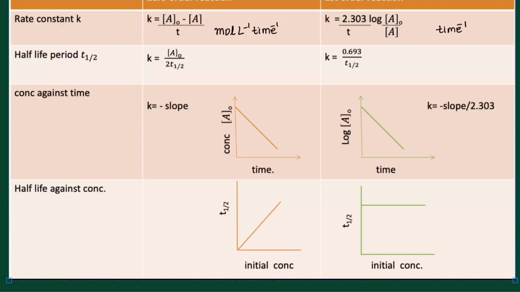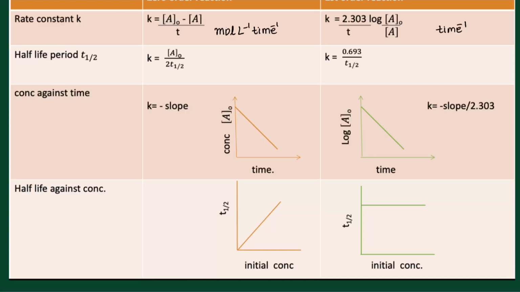Half-life against concentration. This was the fourth graph that we had drawn. So we've got the half-life on the y-axis and we've got the initial concentration on the x-axis. Notice the difference in the two graphs. This very much corresponds to our algebraic expression where we know that the half-life is independent of concentration for a first order reaction, whereas it is directly dependent on the initial concentration for a zero order reaction.